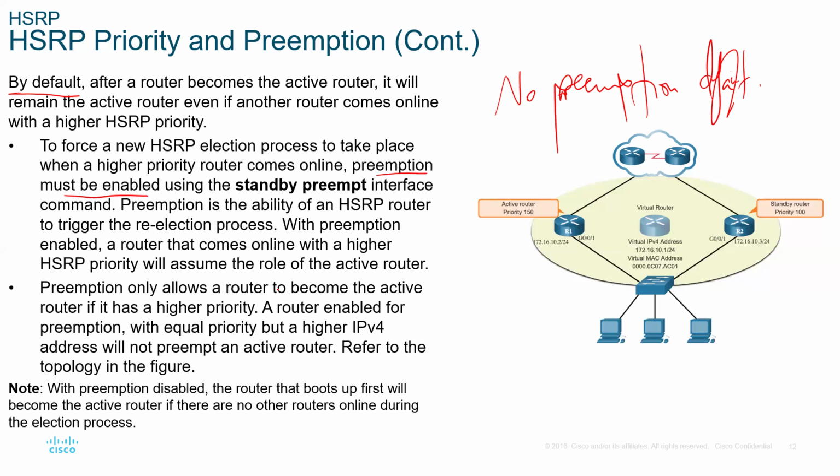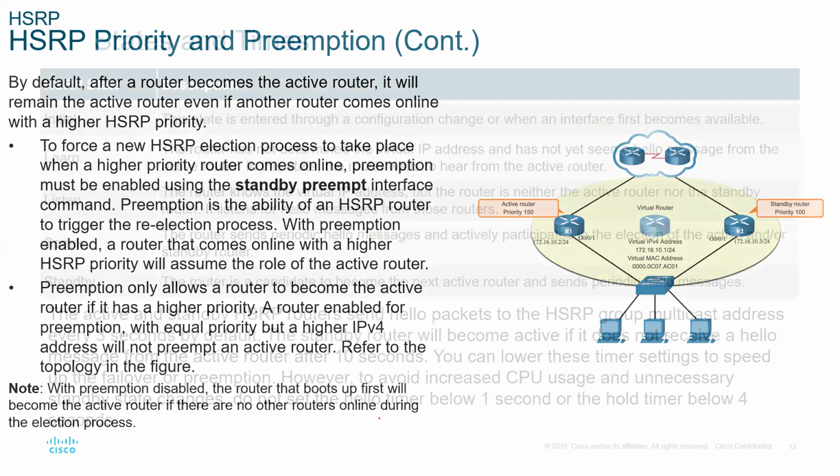You should be very careful with the default. By default, we don't have preemption. If we enable preemption, routers with higher priorities coming online trigger an election process. Preemption only allows a router to become active if it has higher priority. With preemption disabled, the router that boots up first will become the active router if there are no other routers online.